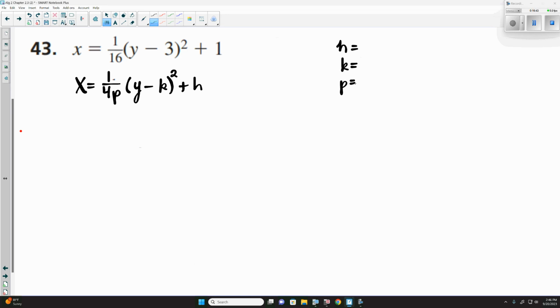Looking at this, what would the value of k be? 3. And h would be 1. If you notice for this one, k is now inside the parentheses and h is outside.